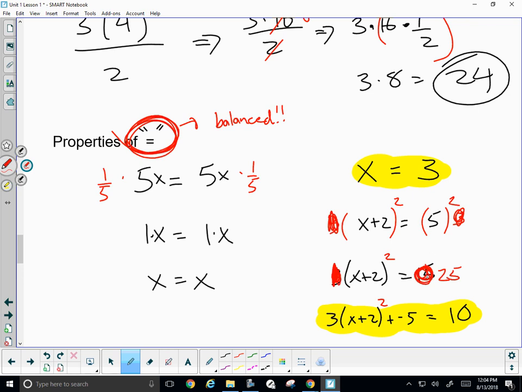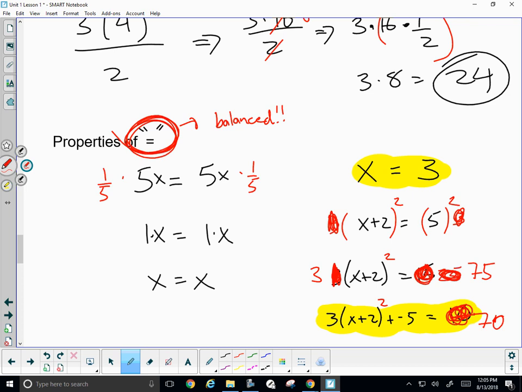So if I multiply by 3, that turns into 75. And then let's say I subtract that 5, I have 70. Okay, so let's see. If I add 3 here, 3 plus 2 is 5 squared, 25 times 3, 75 minus 5, 70.